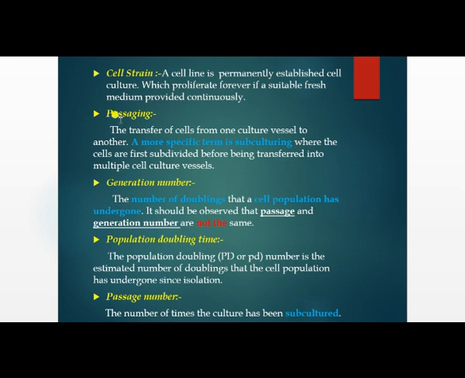Next is passaging. As I told, passaging and subculturing are both the same terms. It is the transfer of cells from one culture vessel to another. In subculturing, we are transferring cells from the primary culture to the secondary culture. A specific term for passaging is subculturing, where the cells are first subdivided.